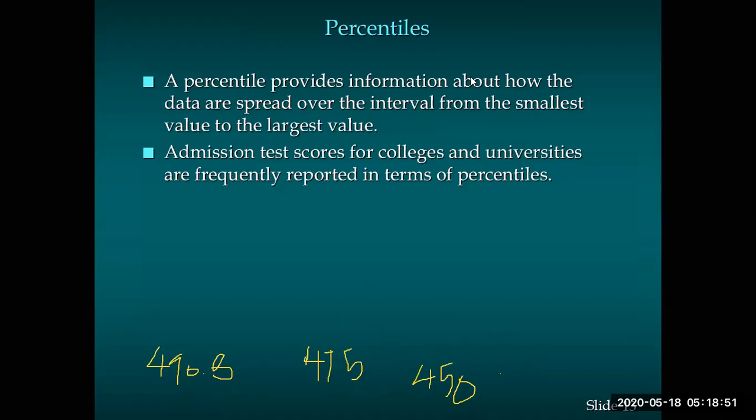So let me just draw a line for you that will tell us that the arithmetic mean comes right in the middle of the scale. So this is actually 490.8.